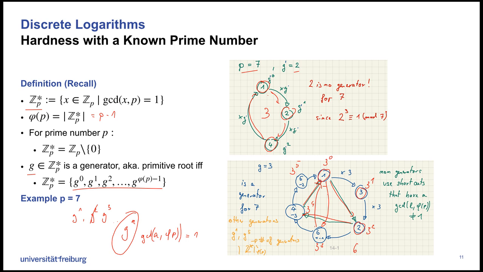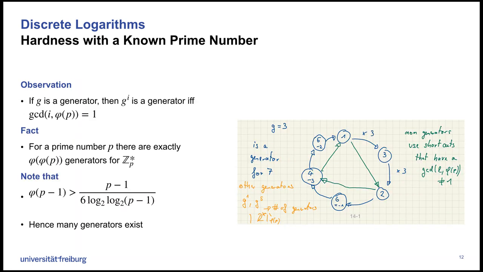If we have one generator, we can immediately get other generators, which is a cool observation. So, observation: if G is a generator, then G to the I is a generator if the greatest common divisor of I and phi of P is 1.